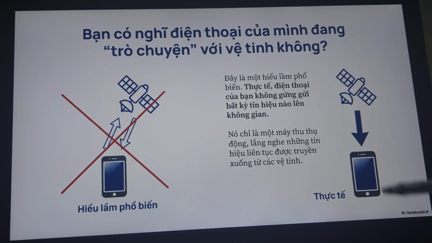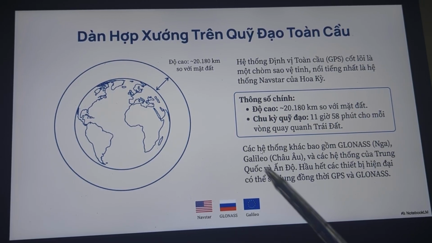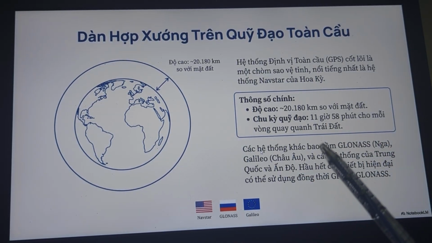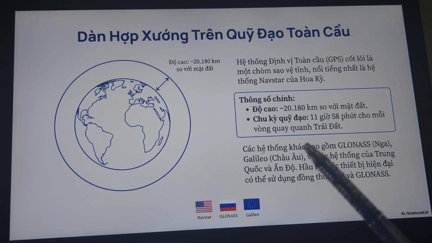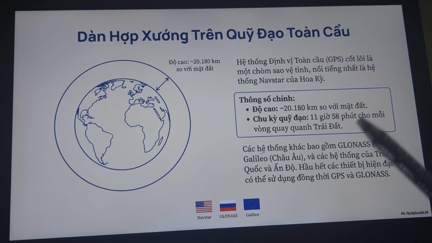The satellites are like the stars and constellations that our ancestors used to find their location. As I know, there are about 32 satellites or more, in which there are 24 core active satellites and 8 for emergencies.